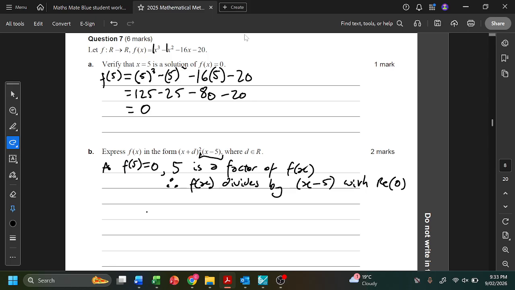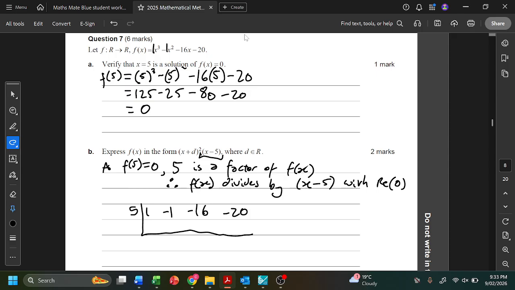We'll just write them down here. So we have 1, -1, -16, -20, and we're writing those coefficients in descending powers of x order. We then make this little square shape like this, and we put our 5 over here, so that's the factor that we're dividing by.